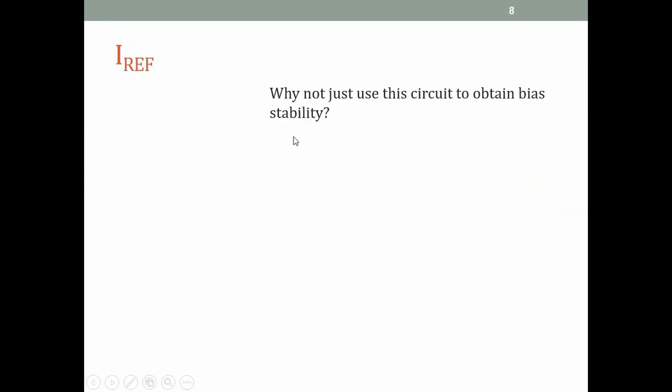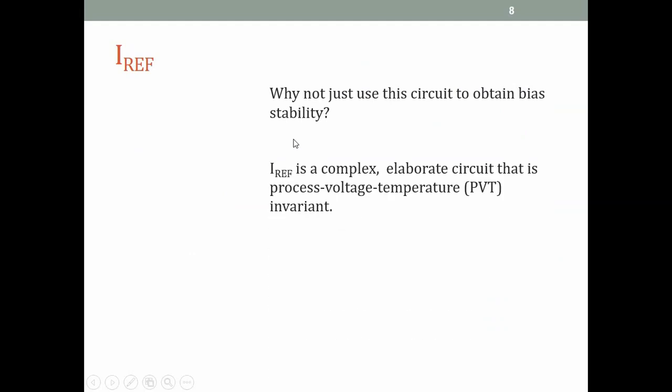The answer is that IRF is actually a very complex, elaborate circuit. It's not just one transistor; it's a very big circuit which is designed so that the value of the current IRF does not change with process, with temperature, and with the bias supply voltage.